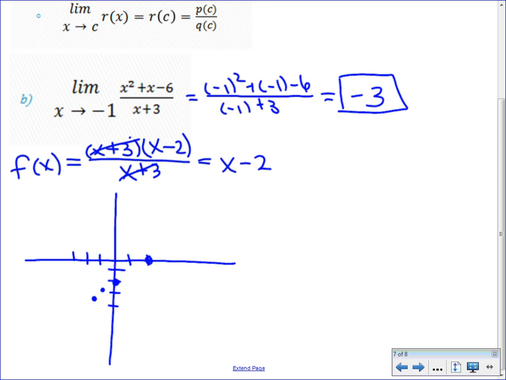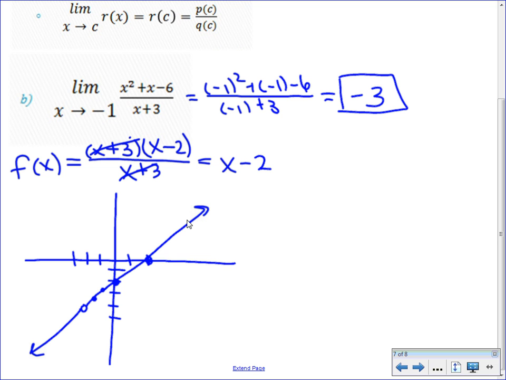Where's our hole at? If you look here, this is the limit as x approaches -1. If we follow from the right and left, we're approaching that coordinate (-1, -3). So our limit is -3.